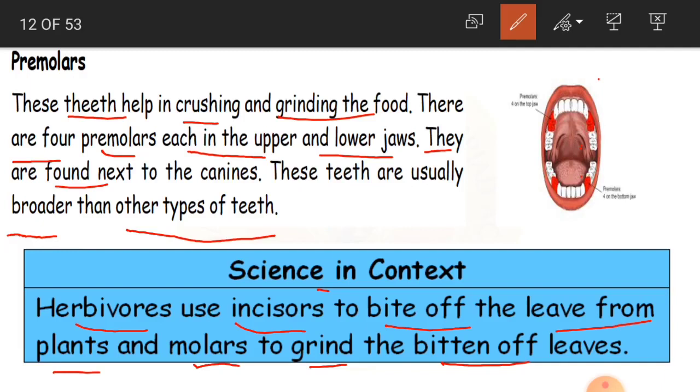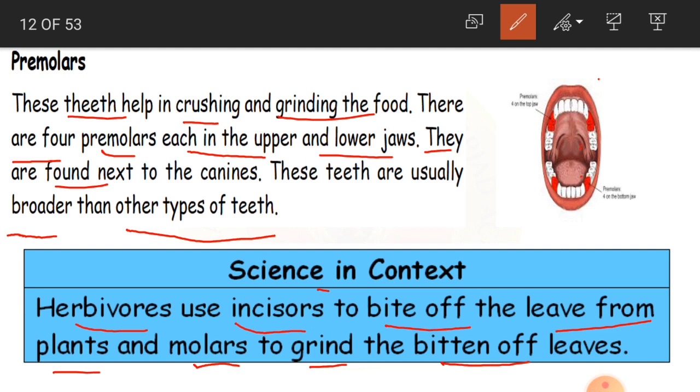How do they pluck the leaf or the flower or the grass? Through their mouth only, from the front side. That is the incisors. So they bite with that, and then they grind the leaves which they have bitten off with the molars.